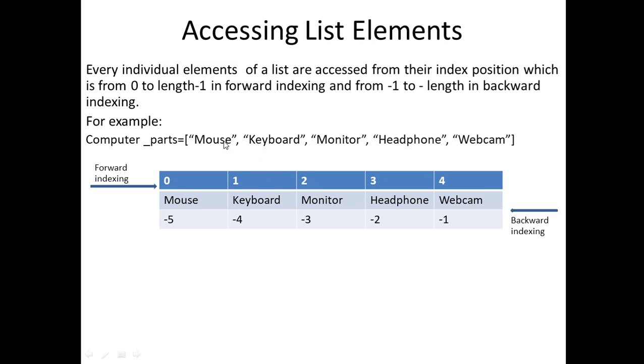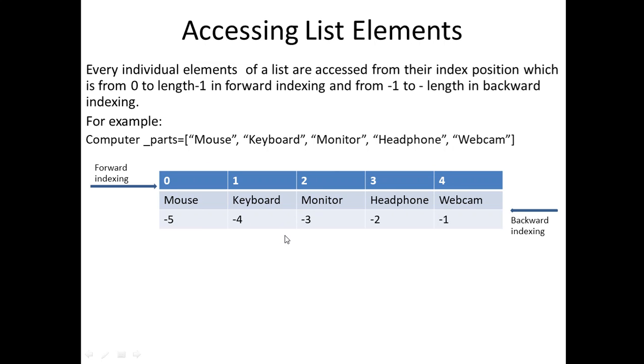The same elements, mouse, keyboard, monitor, headphone, webcam, will be represented in backward indexing in this way. That means the last element of the list will have index minus 1, that is the backward indexing. The second last element, headphone, will have index number minus 2. Then the third last will have minus 3, the fourth last minus 4, and the very first, that is minus 5.